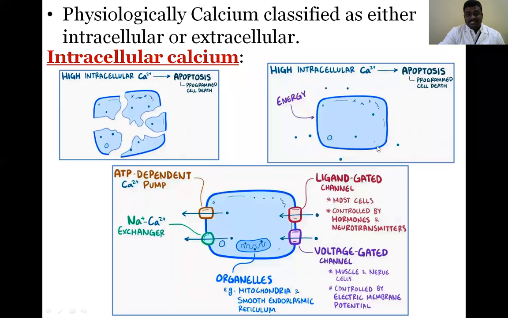When the cell is getting energy, ATP, the excess intracellular calcium is released into the extracellular space.